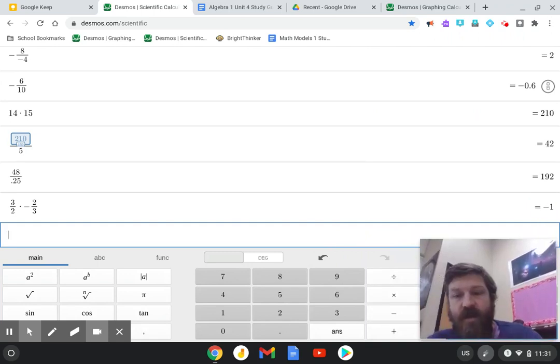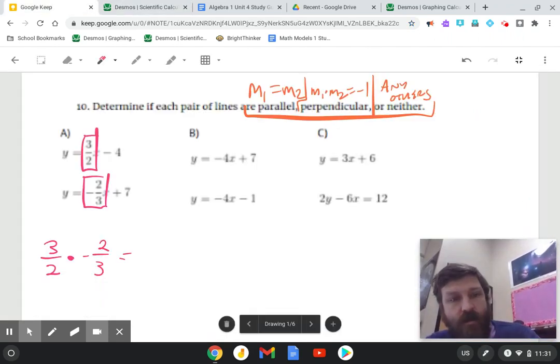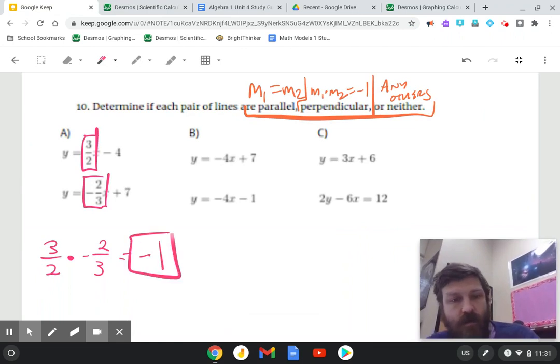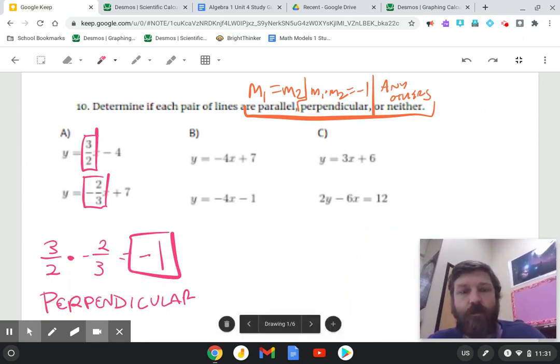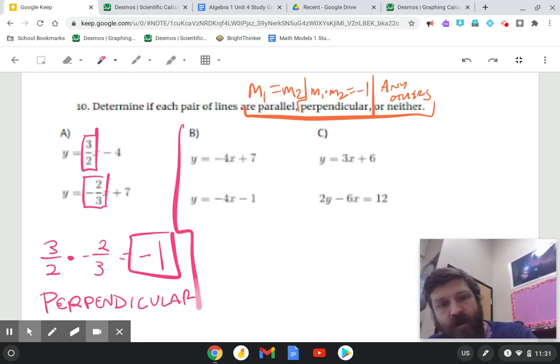All right, if that's the case, then it equals -1. That means they are perpendicular. That's how I know, because the slopes multiply to make -1. All right, that one's done.